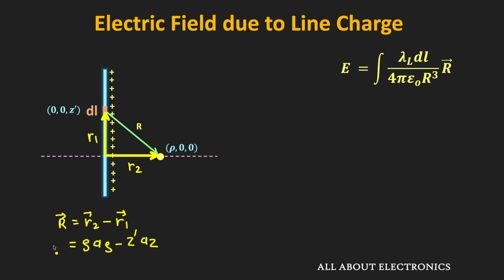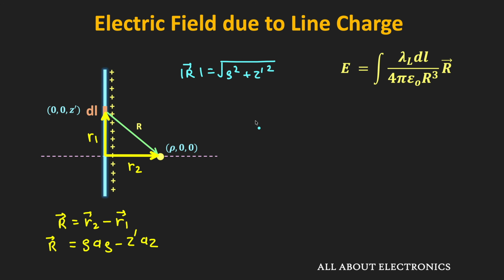That means this vector r can be given as rho times a rho minus z dash times az. Therefore, the magnitude of r is equal to the square root of rho square plus z dash square. So that is the magnitude of the distance between the differential length dl and the observation point.